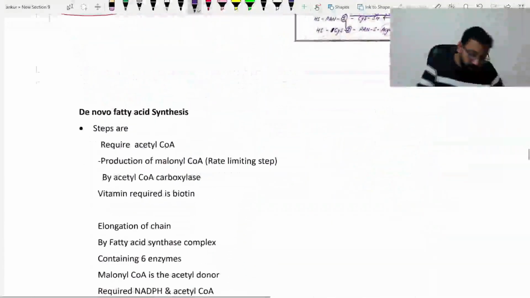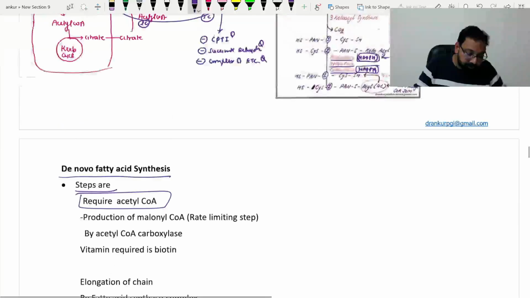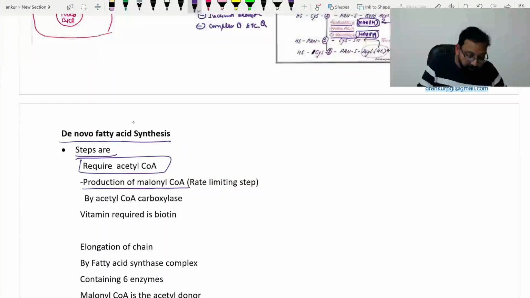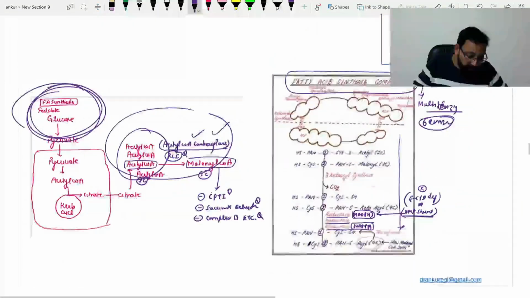Clear? So what are the steps of de novo synthesis of fatty acid? First, requirement of acetyl coenzyme A. Then production of malonyl coenzyme A. This is the rate limiting step, I told you, by acetyl coenzyme A carboxylase.